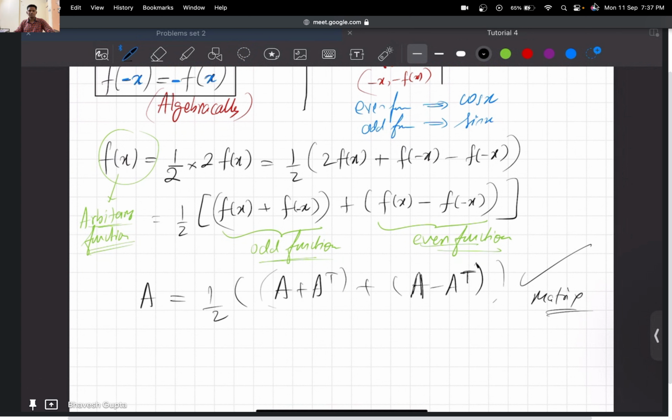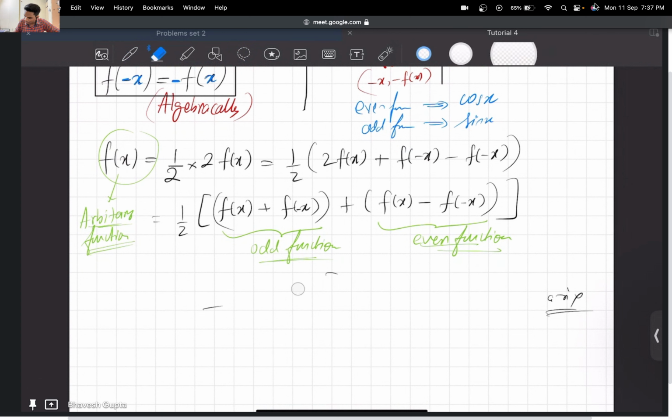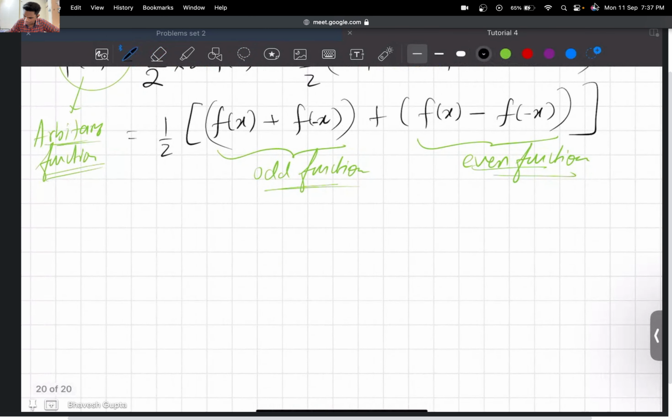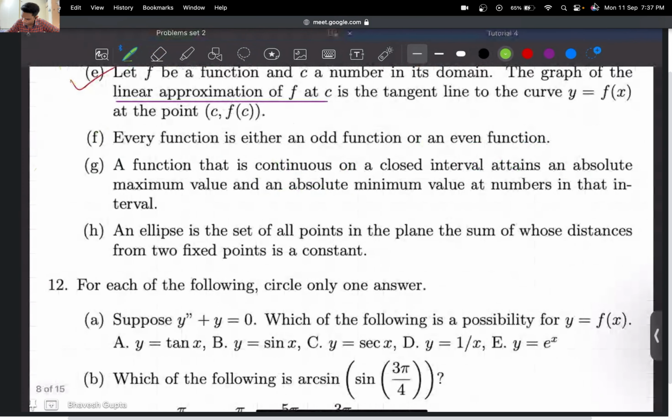In the case of a matrix, we don't have something called even-odd idea, but we have something called symmetric and anti-symmetric idea. So the same thing also prevails in the case of matrices. So what we see here is that the statement is true. I hope this teaches you an interesting and important concept.